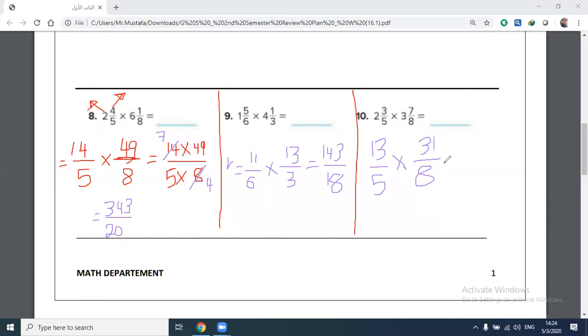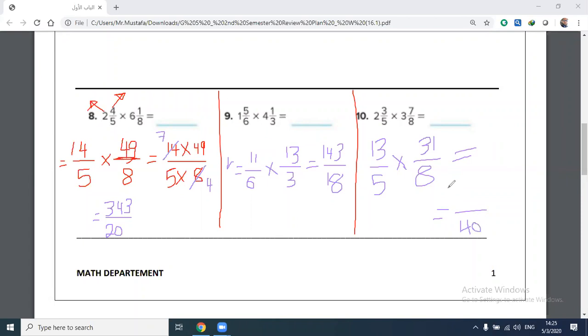There is no common factor, so I will multiply the numerators and then multiply the denominators. So I have to multiply 13 times 31, and then multiply 5 times 8. 5 times 8 equals 40.